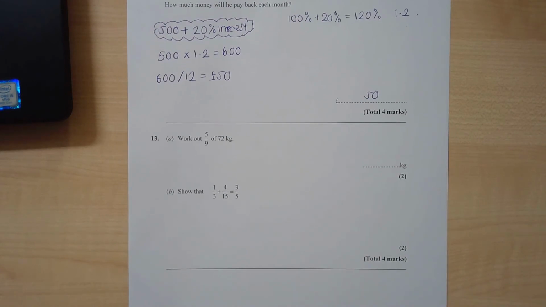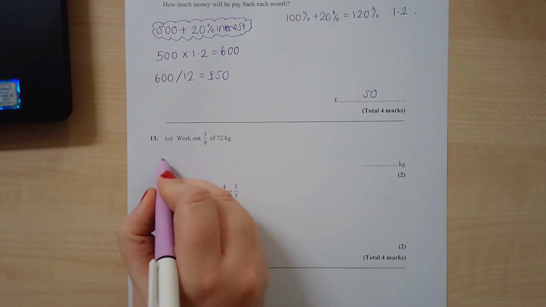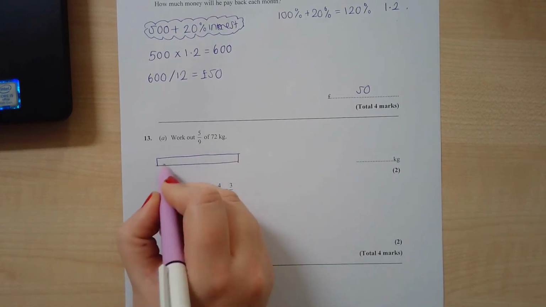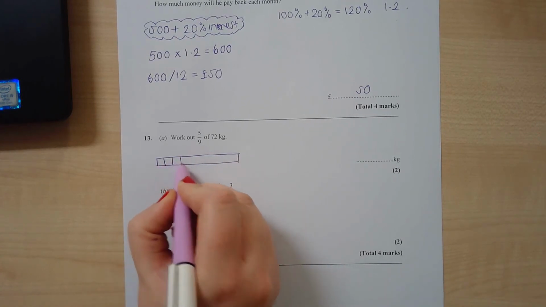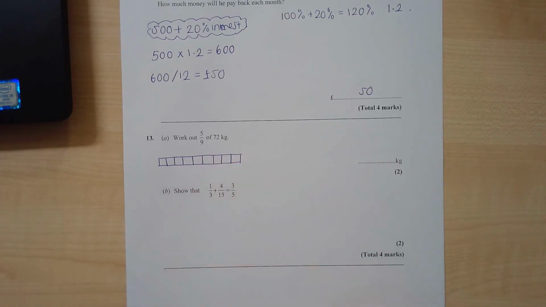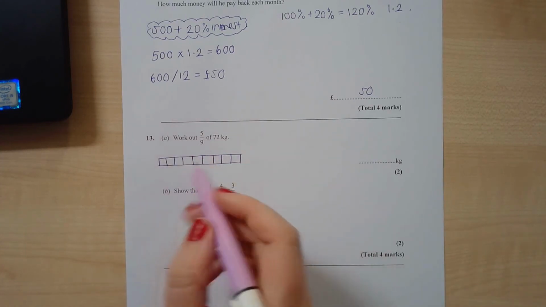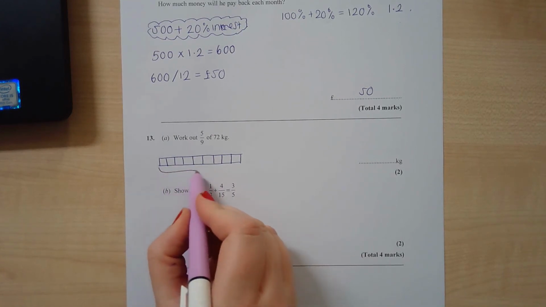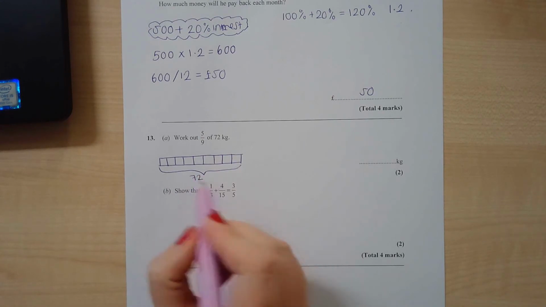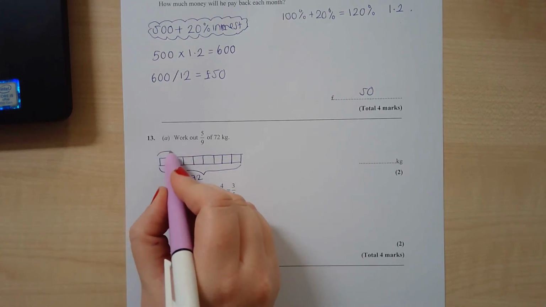Work out 5/9 of 72 kilograms. So there are different ways you can do this, but I'm going to represent mine by doing boxes. So I'm going to draw myself a bar, split it into 9. 1, 2, 3, 4, 5, 6, 7, 8, 9. I know that all my bars add up to 72, but I only want 5 of them.